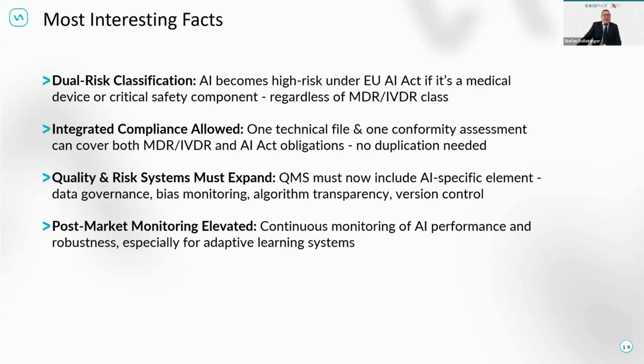I also want to point out a few things which might be confusing or might lead to additional issues which are relevant for you as manufacturers. That's something we can show here right now. For the general purpose of the AI Act, there's a lot of additional information already available.